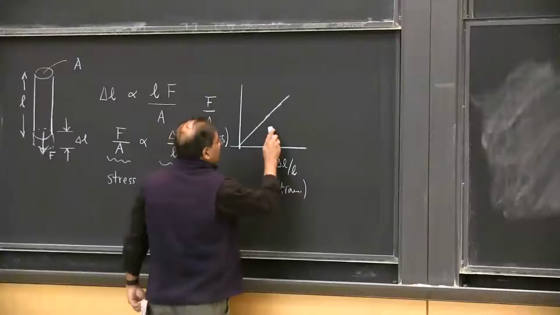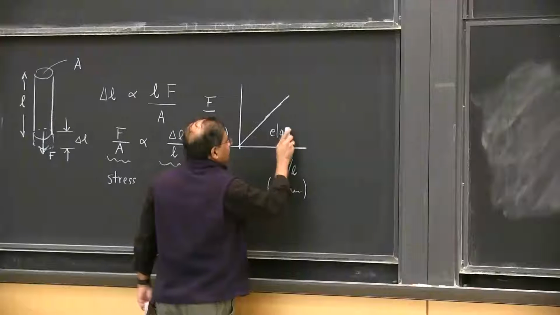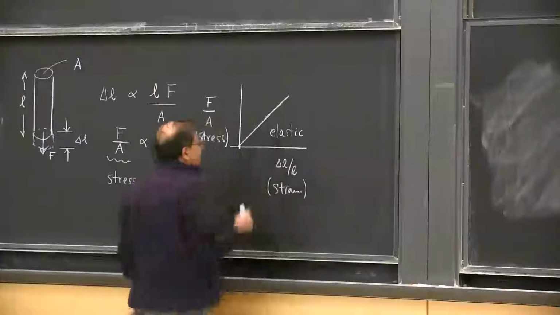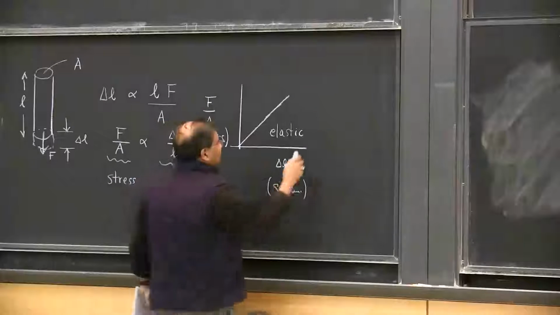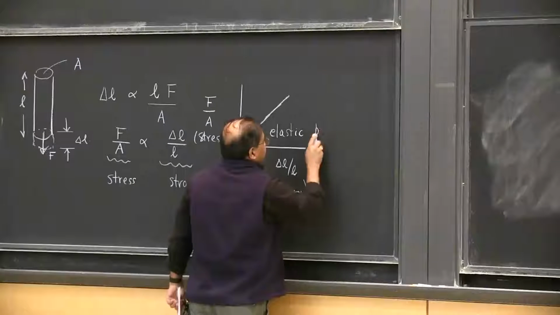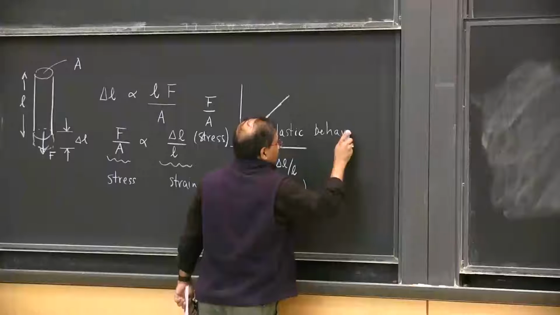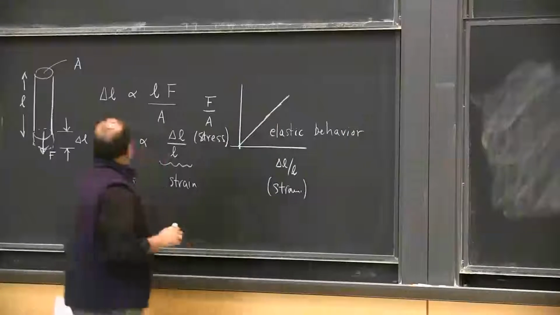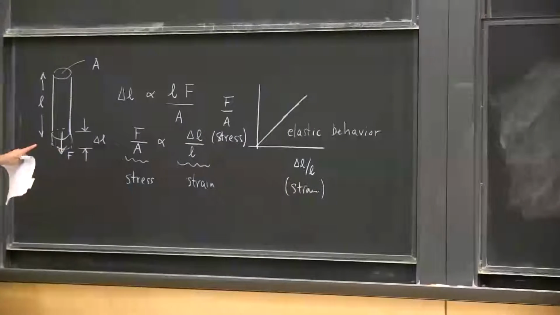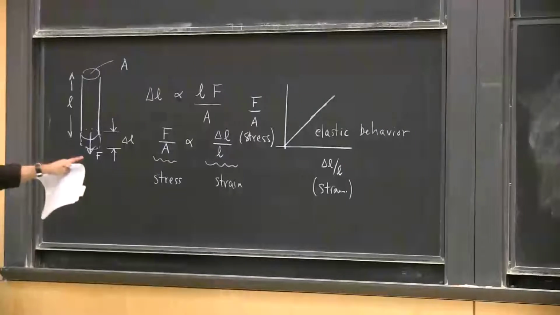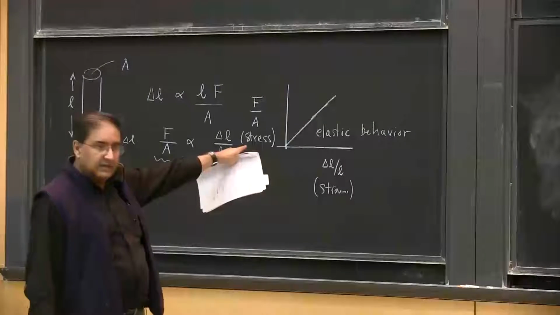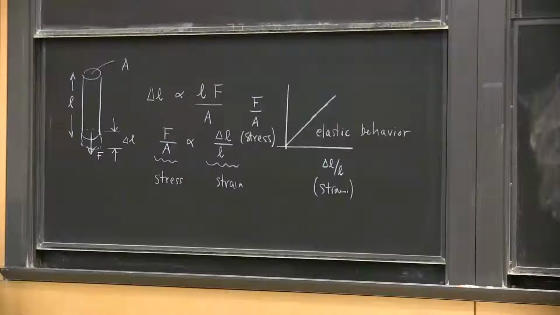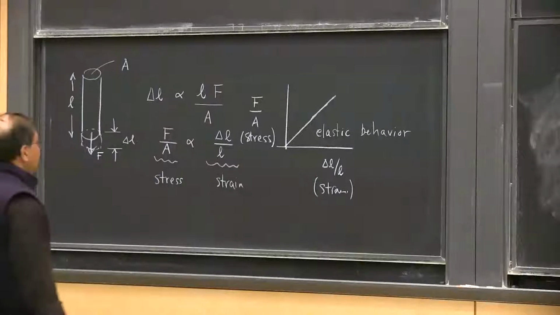So when we talk about elastic behavior or elastic properties of a system, this is the quote-unquote elastic behavior. In elastic behavior, you should get a straight line like that with a finite slope if you plot delta L over L, the strain, along the x-axis, and the stress along the y-axis.